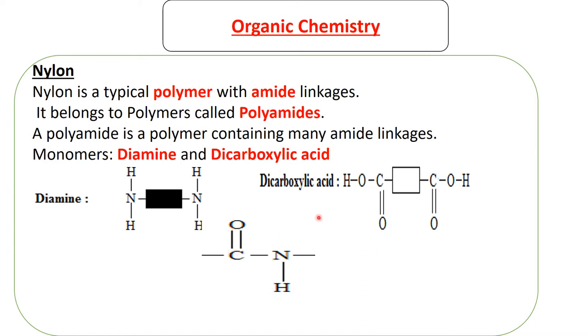This part is coming from here and this part is coming from here. The fact that diamine gives out the H and dicarboxylic acid gives out the OH, the OH and H form water, hence condensation polymerization. So this is the amide linkage which connects two monomers for nylon.